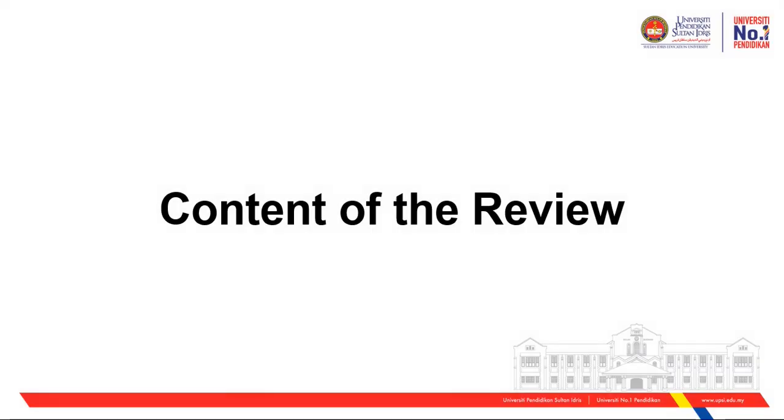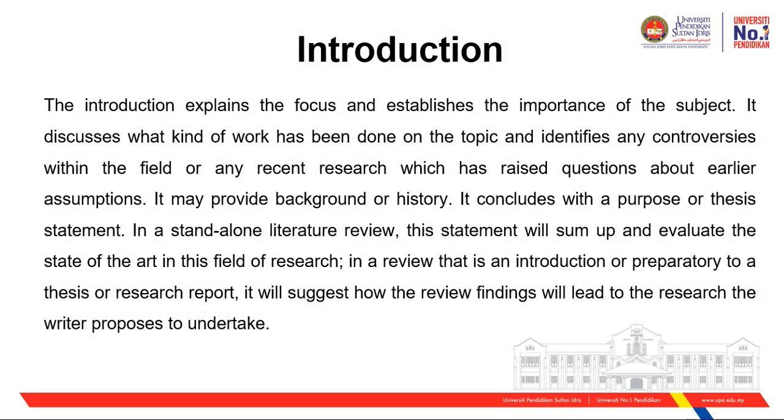Okay. What else? What is the content of the literature review? This is similar to the one I showed you just now in the slide. Basically, you have some kind of introduction part. Most of the time, this part is just a very brief general explanation, background or history related to your topic.